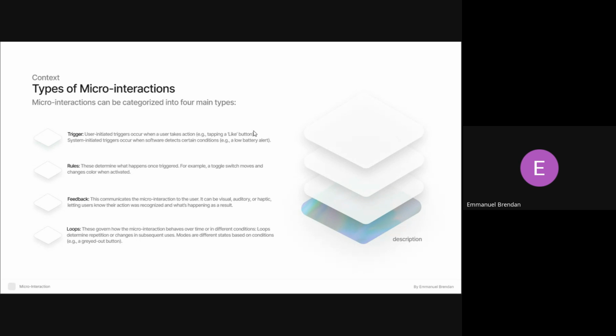Then the next is system-initiated triggers. This is a micro interaction that you don't have 100% control over, because it is already in the system that just beeps to give a user a notification that something has happened around your product, something has happened where you are.